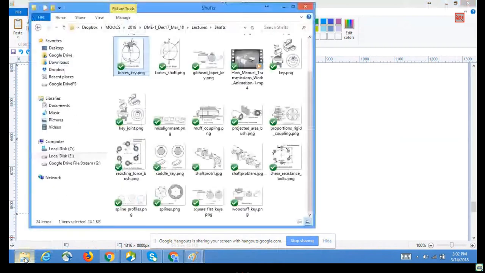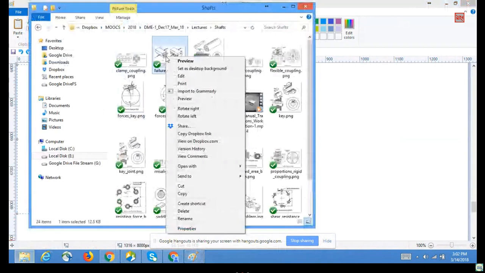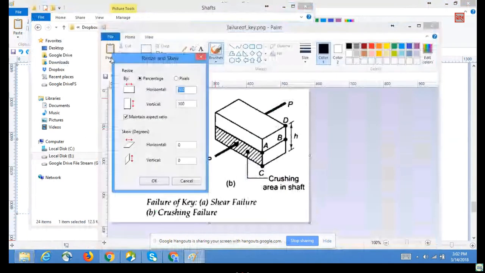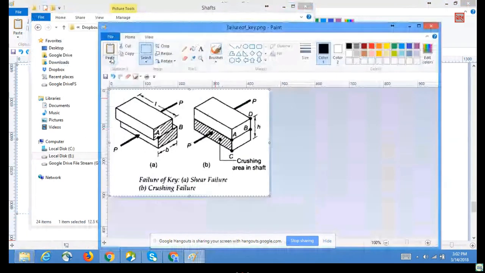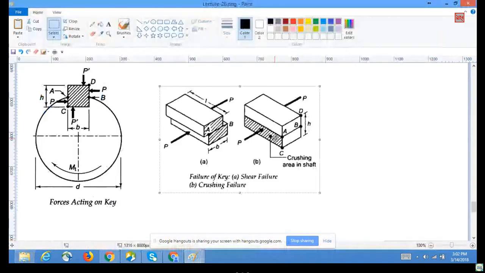So if you look into it, because of these two different shear forces, the key can break or fracture at an intermediate position like this.